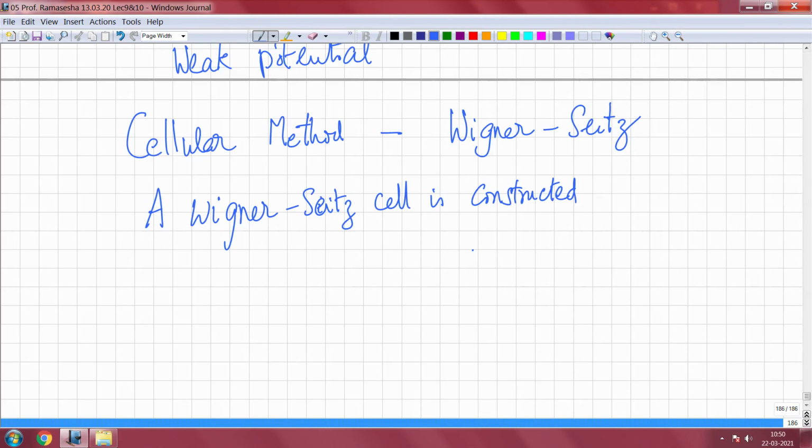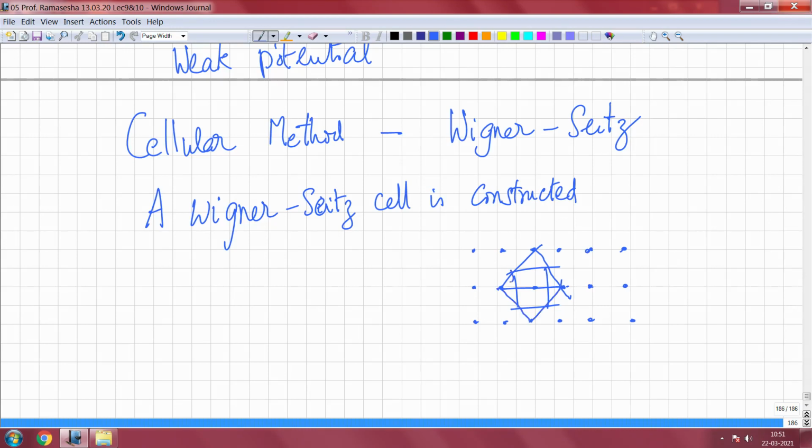So, all you need to do is, if you have a lattice, just as we did before, take a point and draw perpendicular bisectors and include the innermost volume that is enclosed by the polyhedra, okay, and things like that.